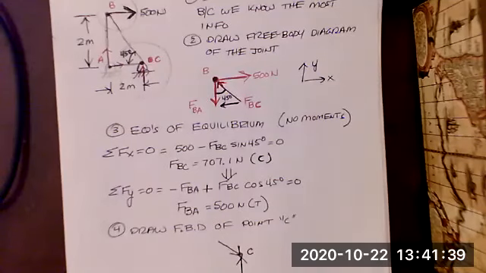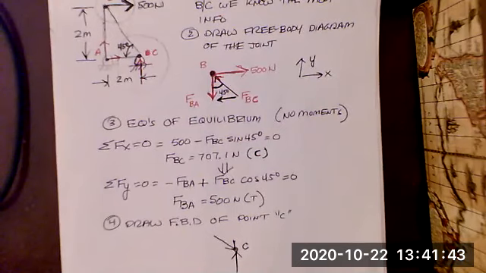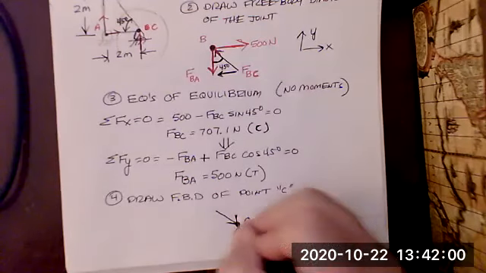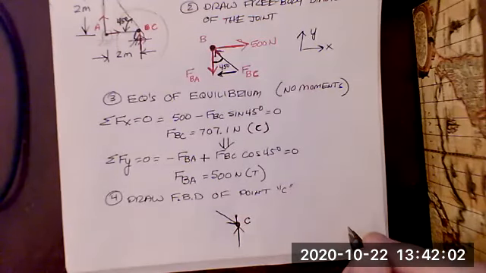It's going to be pushing on this joint as well. You see that? Okay. Yeah, that makes sense. Sometimes people have a hard time seeing it. So we're pushing on this joint here.